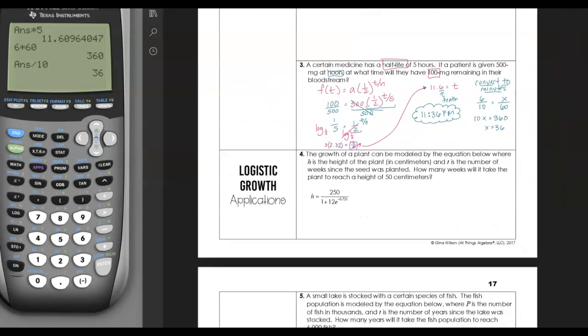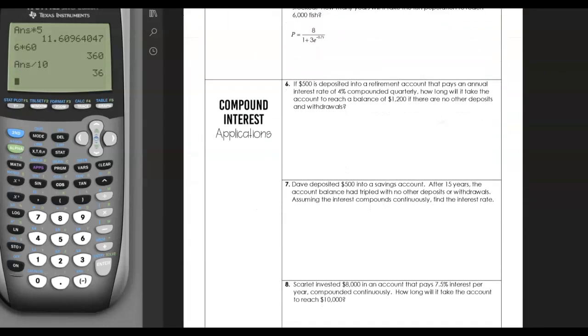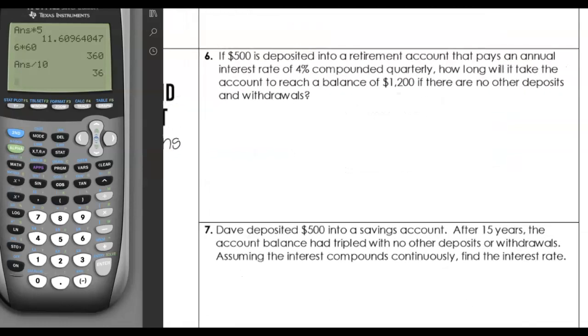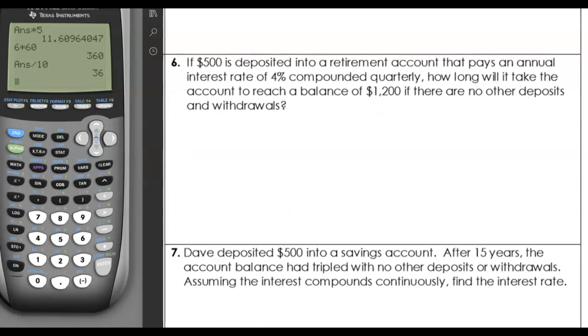Okay, again, the next is logistic growth applications. We're not going to do it, but I do want to get to at least one compound interest application. This is more similar to what we did last class, where we're compounding more than once per time frame. So let's do this first one.